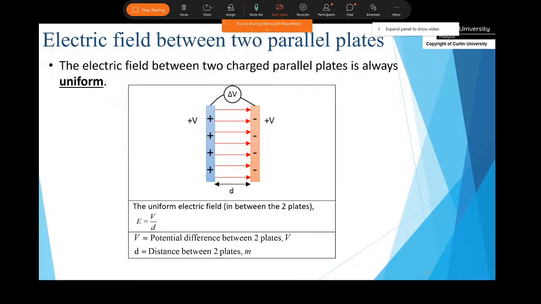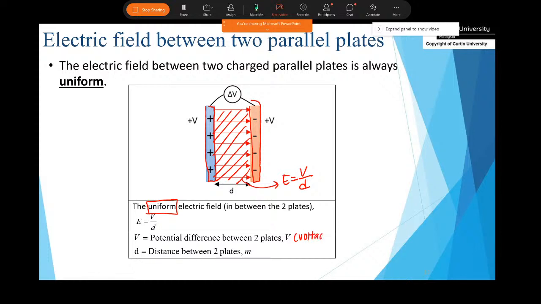And electric field in between two parallel plates. So if you have two parallel plates just like this, the electric field in between will be uniform, which means in the whole area here, the electric field will be equal to V over d, where V stands for potential difference in voltage, and d is the distance in between the two plates, so it will be the same.